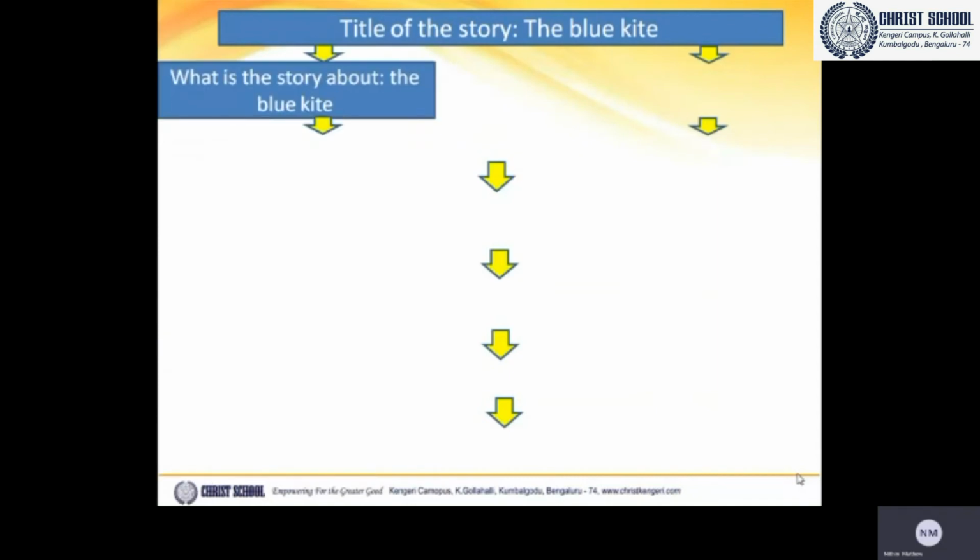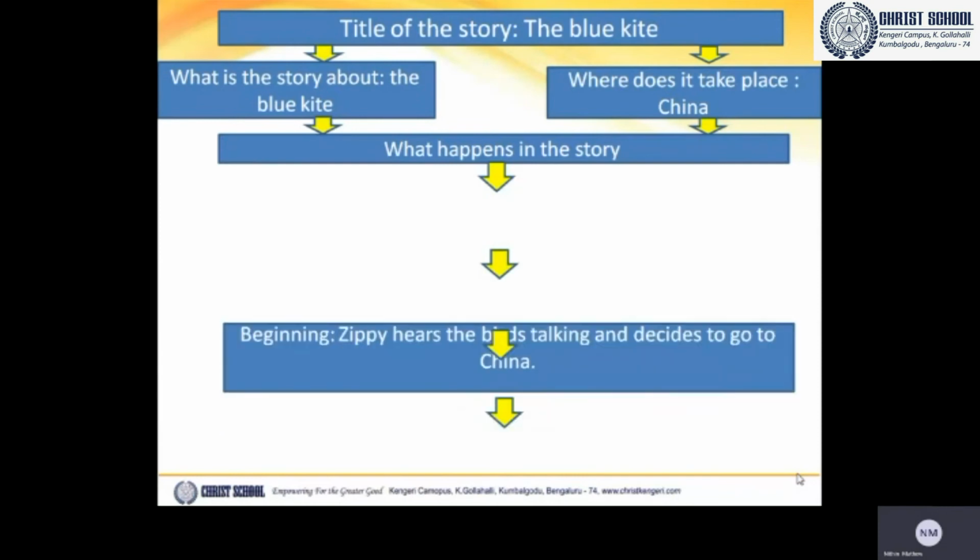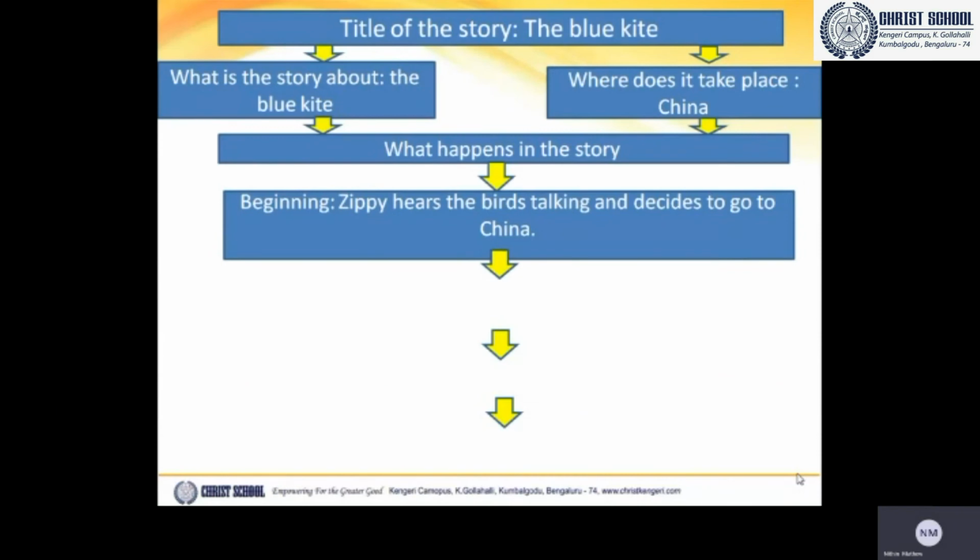And what is the story about? The story speaks about the blue kite. So the blue kite, that is the answer. And where does it take place? It takes place in China. Right? Now, what happens in the story? Let us frame the sentences like how we have already made. In the beginning, what did we see?